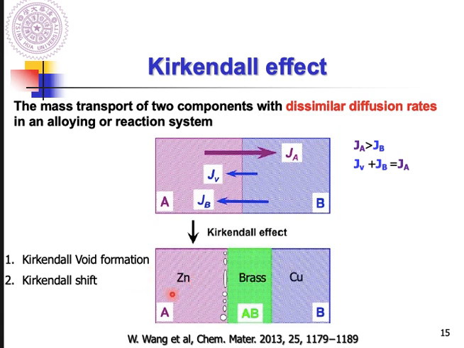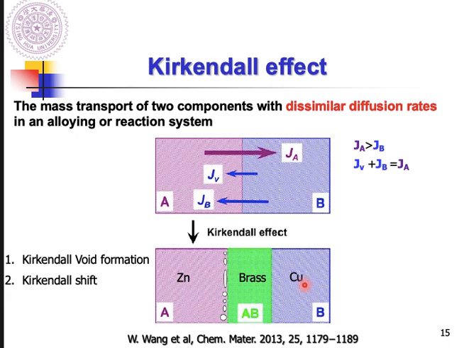Let's take the zinc and copper diffusion couple as an example. When we heat up the zinc-copper diffusion couple to a high temperature and diffusion happens, we confirm that the flux of zinc is larger than the flux of copper.